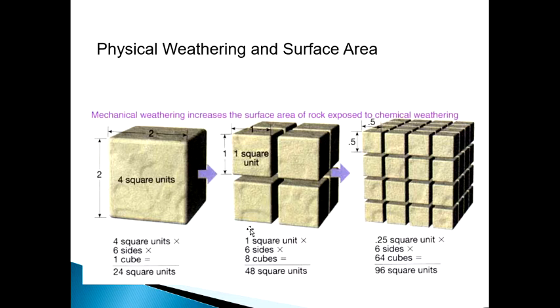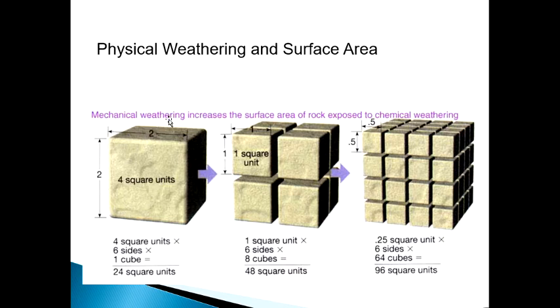When I tell students to look at this slide, I tell them, imagine that these are gravestones. You don't have to necessarily do the math on this, but let's say you have something that's 2 feet by 2 feet, so it has 4 square feet exposed by area, length times width, and then the 6 sides of the cube give 24 square units.